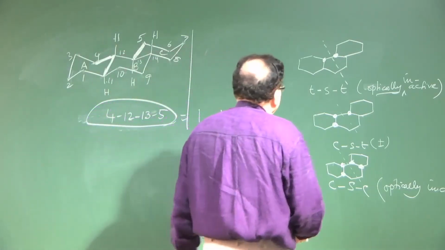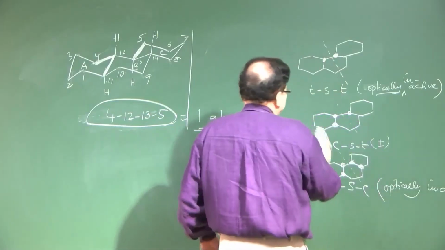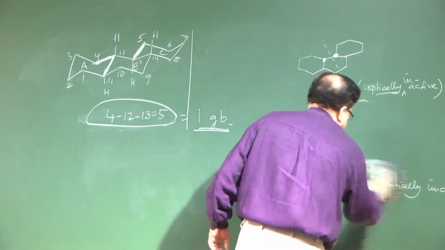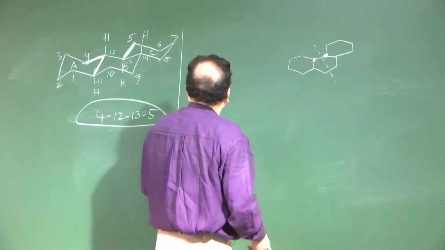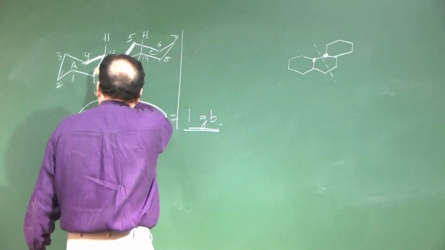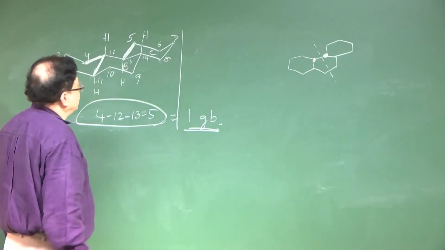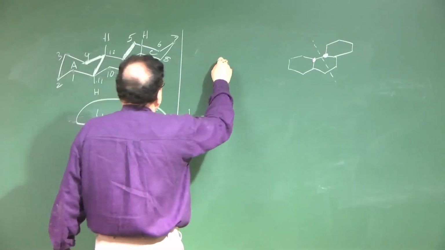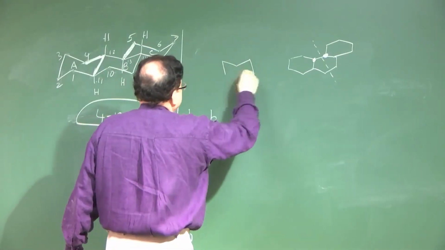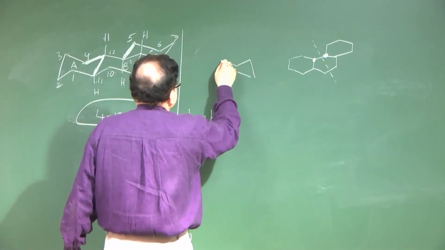Let us quickly take another one, suppose the PST. We have not yet figured out whether it is optically active or not. In order to do that, what you have to do is draw the mirror image of this.